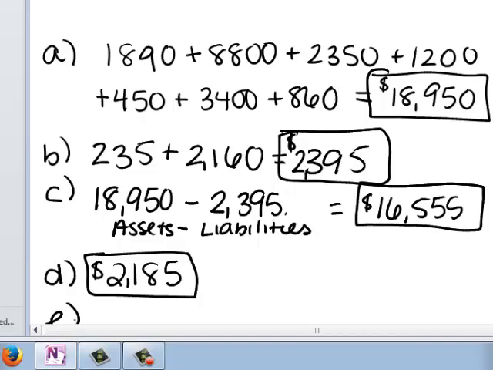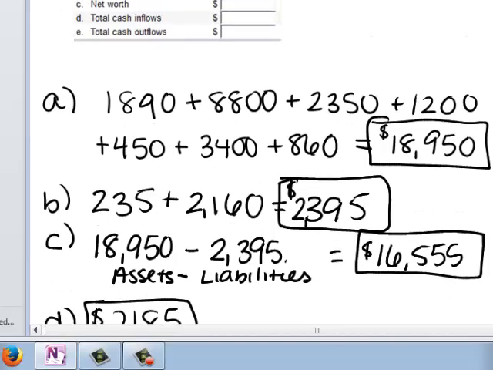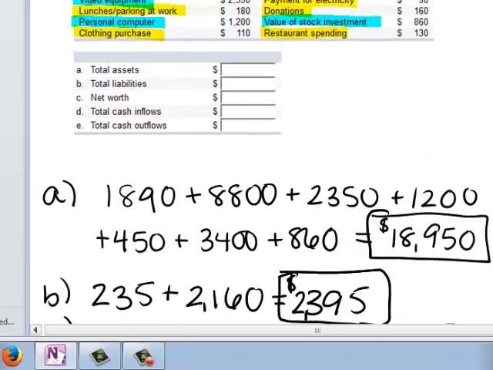My cash outflows are all the things that I spend my money on. So I'm looking at all of the yellow here, like rent, spending on food at the grocery store, car insurance, lunches, clothing, my telephone bill, loan payments, electricity payments, donations, and restaurant spending. So that's what I'm going to add up here.